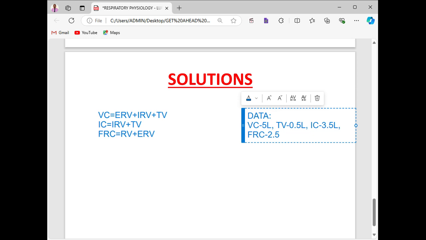That is our data, the values we've been given from question one.